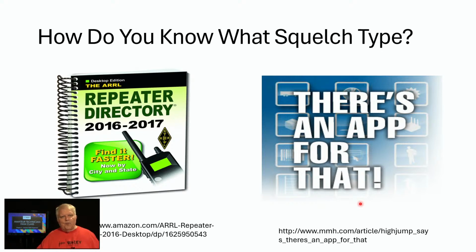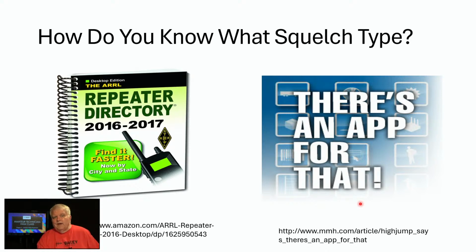I like the app Repeater Book, which is available for Android and for iOS. It's free. You can download Repeater Book, and it will know your location because of the GPS in your phone, and it will show you all the nearest amateur radio repeaters to you on the various frequency bands, so you can program them into your radio.